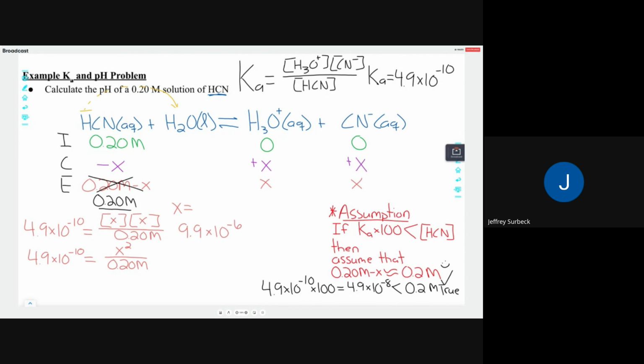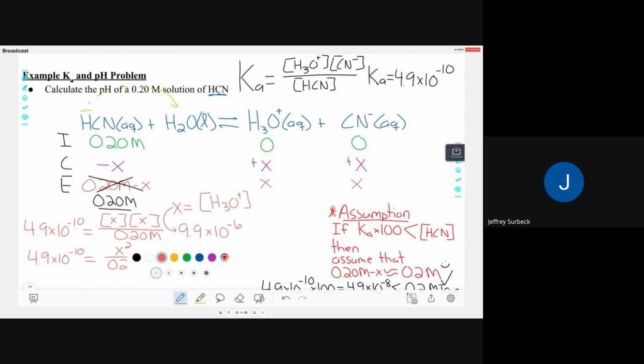Well, check this out. X is equal to the concentration of H3O plus. Okay? So if X is equal to this value right here, what formula can we plug that value in to find the pH? Too easy, all right? So our last step here, all we need to do is plug this into our pH formula. The pH is equal to the negative log of the concentration of H3O plus.